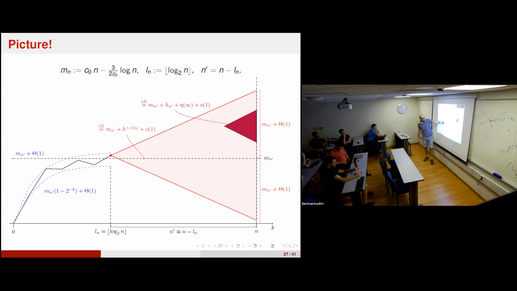This is a typical conditioning for such a branching random walk, because the order of the minimum is minus m_n prime and you start from m_n prime, so you're just conditioning the minimum to do something typical. Now you have to analyze the branching random walk conditioned on its minimum to be positive.